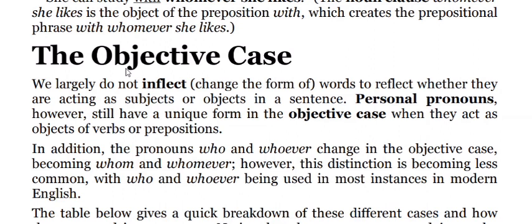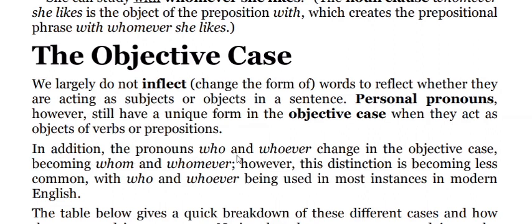Now, the objective case. We largely do not inflect, or change the form of, words to reflect whether they are acting as subjects or objects in a sentence. Personal pronouns, however, still have a unique form in the objective case when they act as objects of verbs or prepositions.